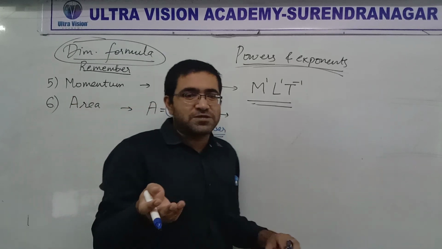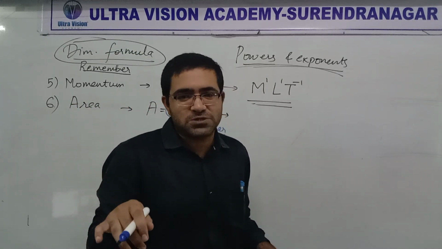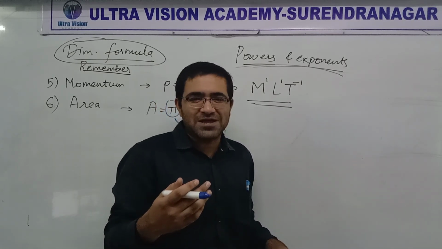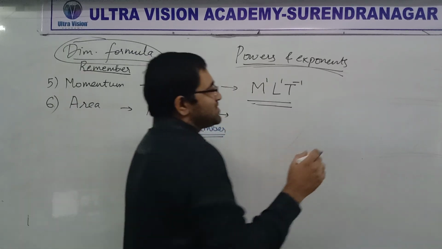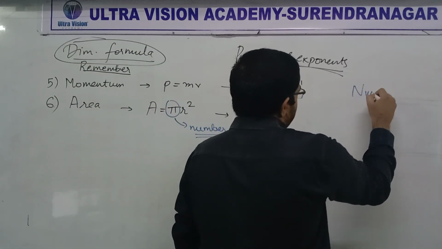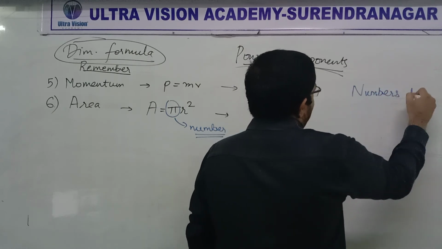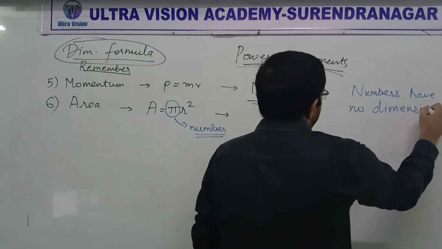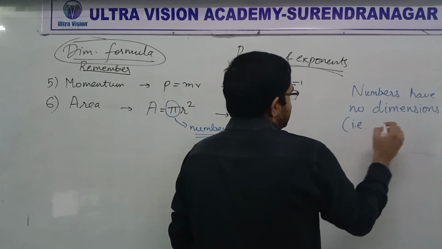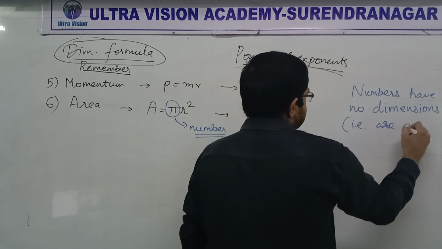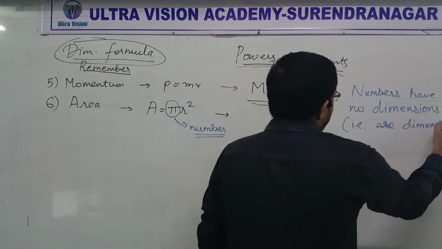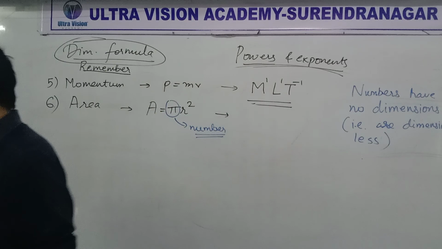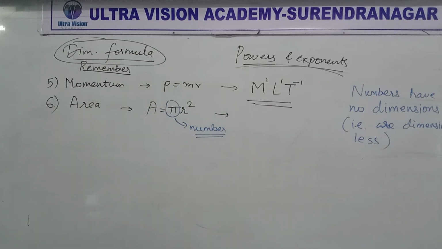Like I told you, at the start of every chapter you can leave 10 pages, and that's where all these things can go. So what's the sentence? Numbers have no dimensions. That is, they are dimensionless. Numbers have no dimensions; we say that they are dimensionless.